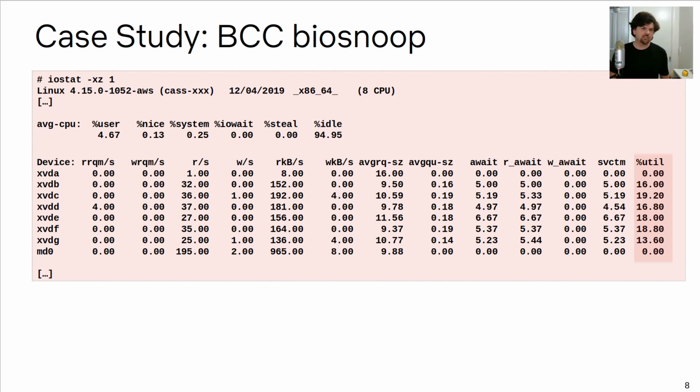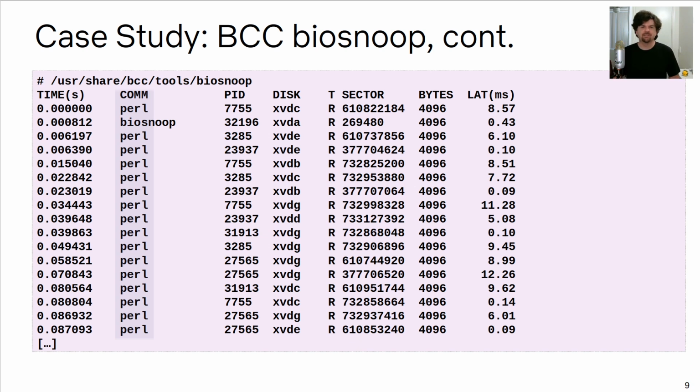It doesn't look like a disk issue, but I know that averages, such as what these metrics and also what monitoring UIs show you, can be misleading. So before I rule out disks, I'd like to see a bit more information, and there are canned tools for that like biosnoop. So I run biosnoop, and wow, Perl is doing all this disk I/O.